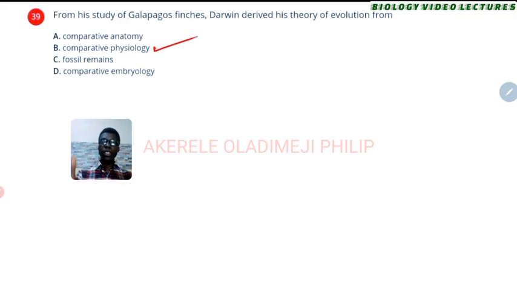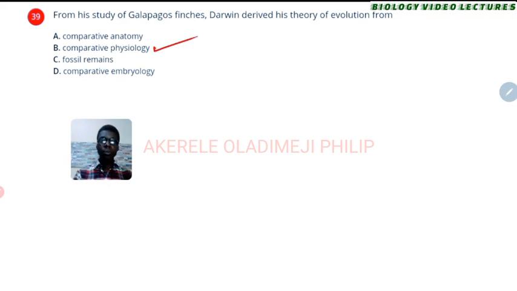That's what we call comparative physiology. It can also be referred to as functional anatomy, so to say. I know you may be confused: why is it not comparative anatomy? Well, comparative anatomy is talking about different structures from different evolutionary trends. But the answer here is comparative physiology, which is like different functions coming about over a period of time.